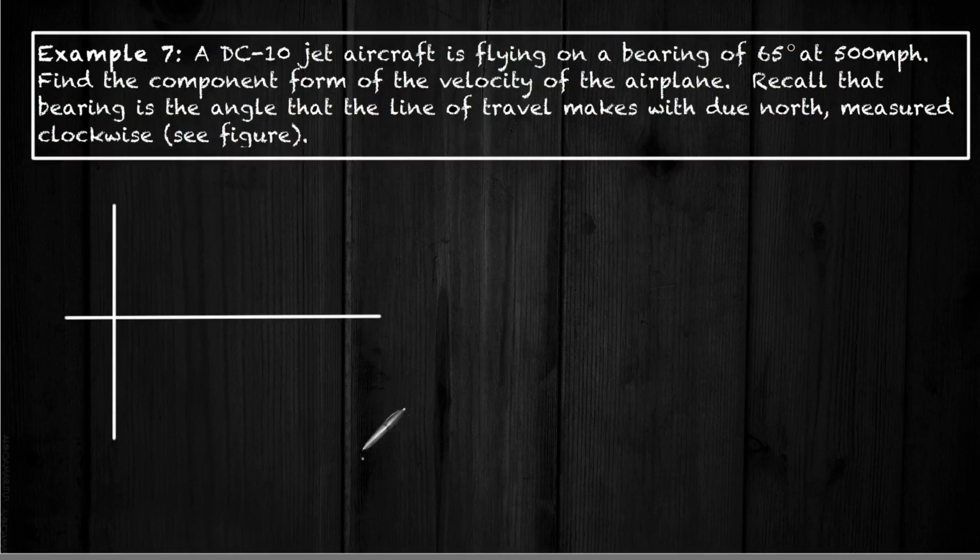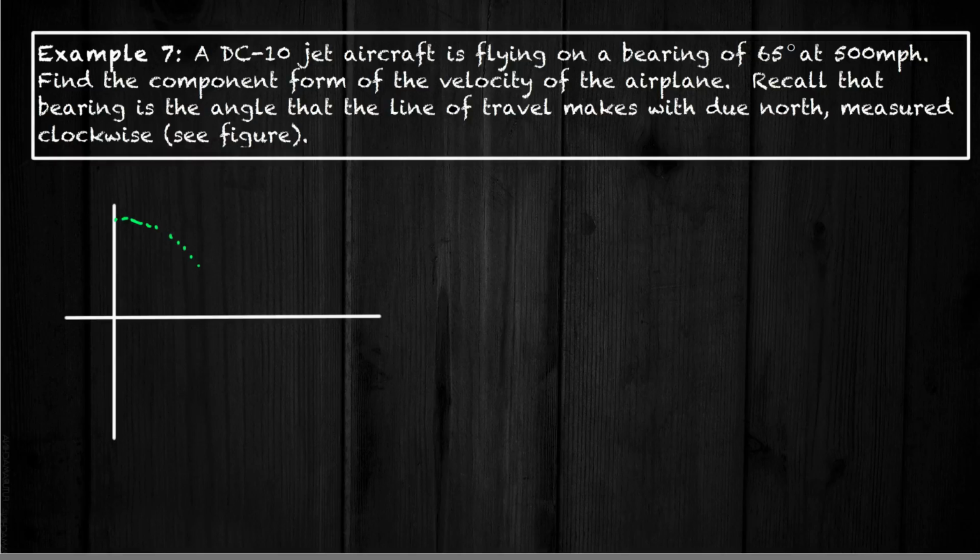Jump in this last example very quickly. We have an aircraft that is flying on a bearing of 65. Now we remember that bearing means you're measuring from the north and you're rotating clockwise. So that means you will be going from here and measuring 65 degrees in that direction.